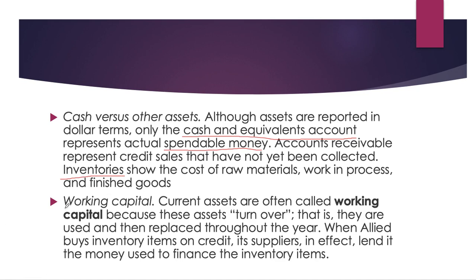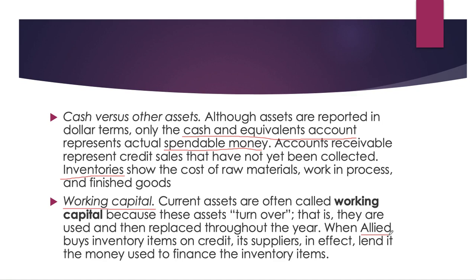Then we have the term defined here, working capital. Current assets are often called working capital because these assets turn over and are used in the operation of the corporation. They are used and then replaced throughout the year. For the example company, Allied buys inventory items on credit.